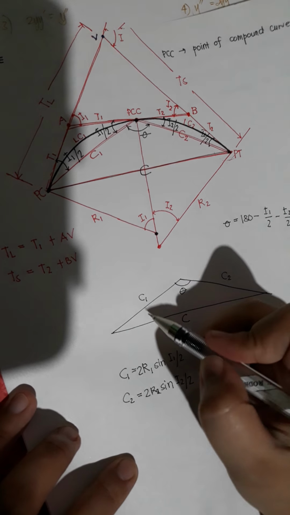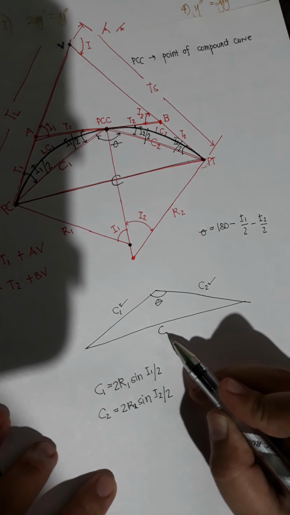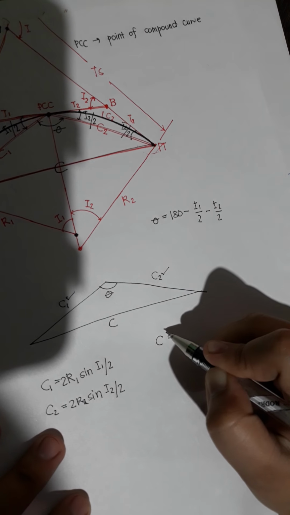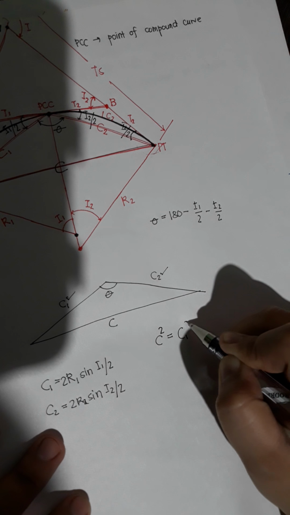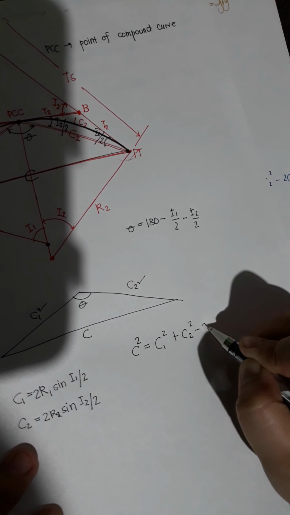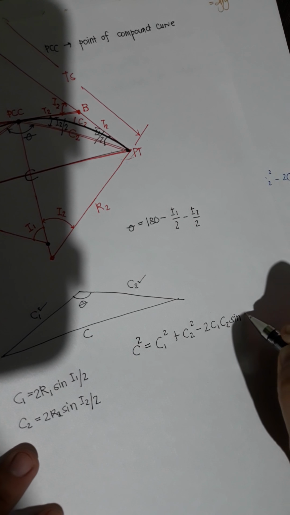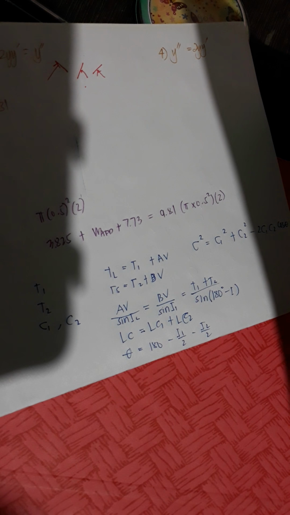So if you already have the values of C1 and C2, we could use cosine law to get the long chord C. So the square of the long chord C is equal to C1 squared plus C2 squared minus 2 C1 C2 cosine theta, where theta is 180 minus I1 over 2 minus I2 over 2.